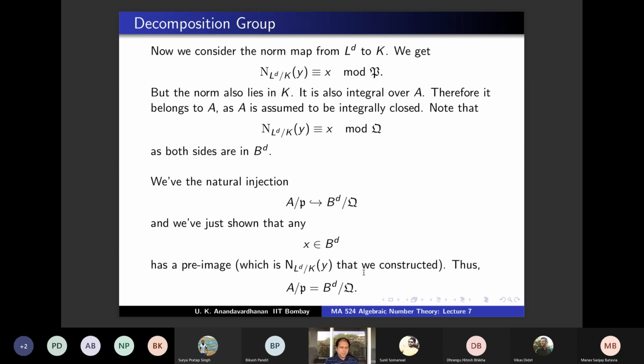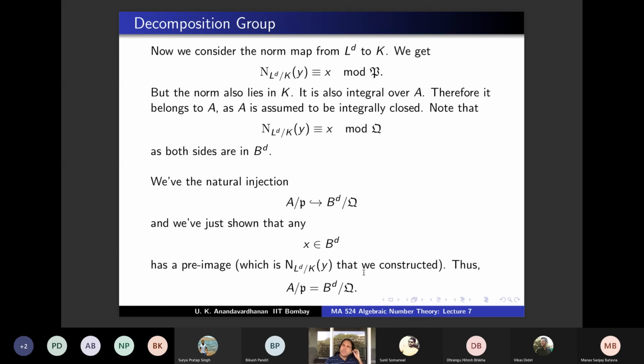Okay, so I think it's a good time to stop. What we have done today is this: over a Galois extension, if you have a prime below and a prime above, all the primes lying above are Galois conjugates of each other.